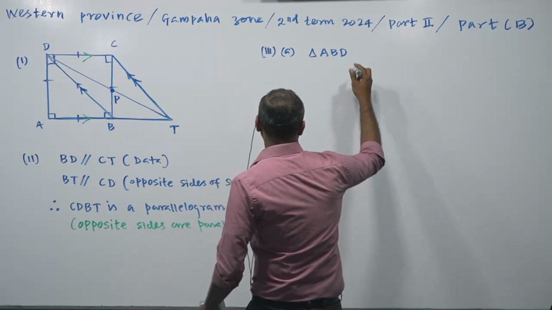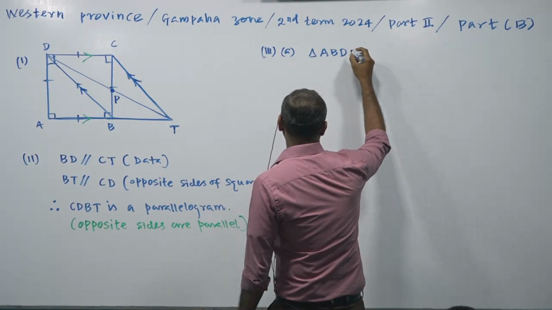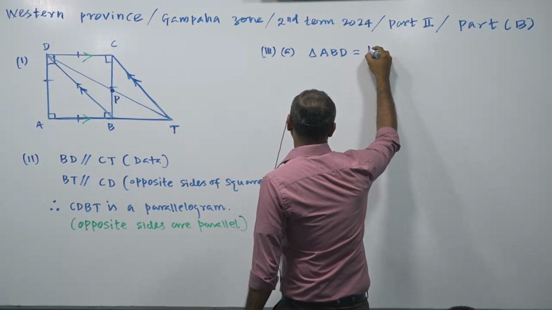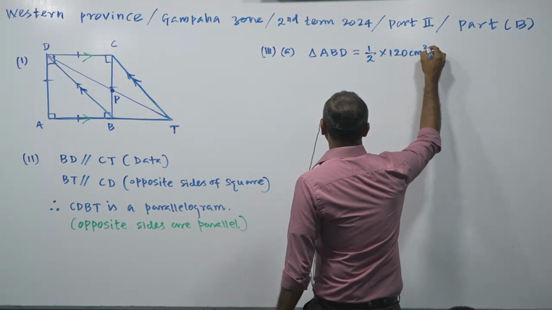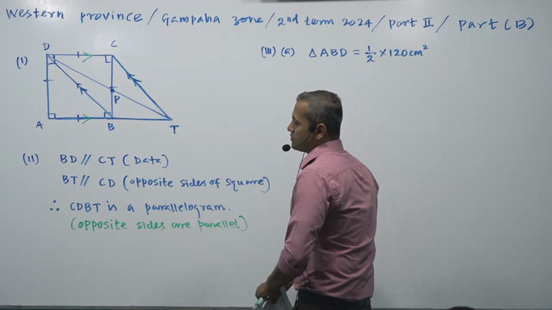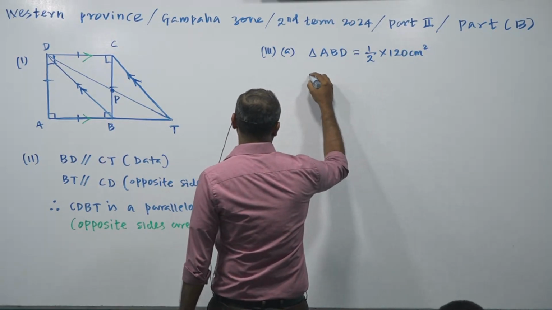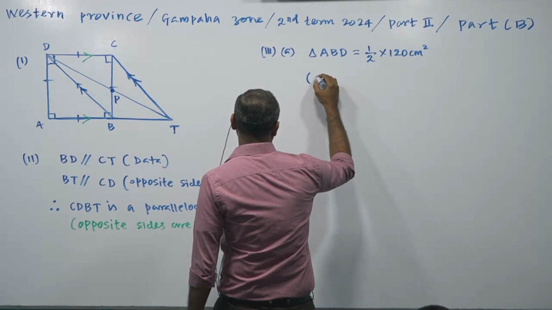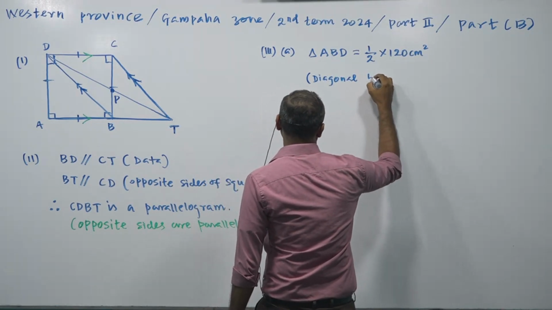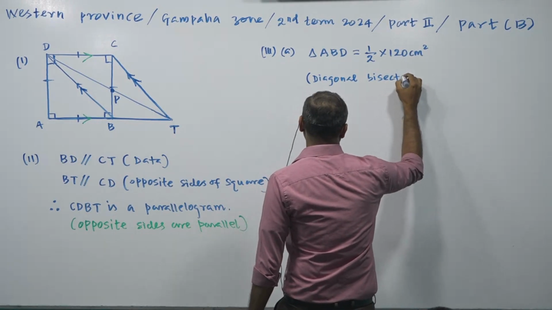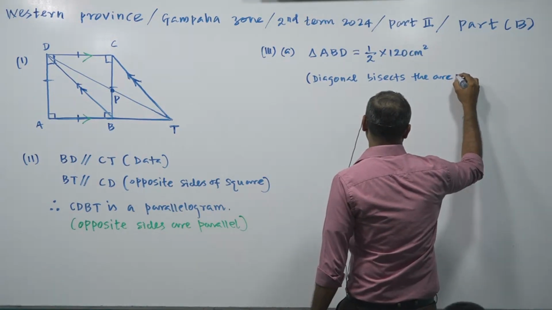ABD is half of 120. Yes or no? Why? Because diagonal bisects the area of the parallelogram. That is the reason. Giving reason, yes? Diagonal bisects the area of the parallelogram.